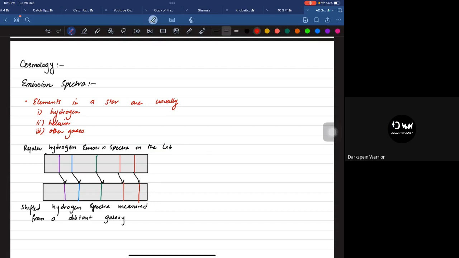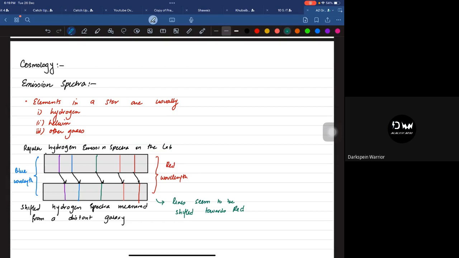If you look at this side, these are the blue wavelengths, and this side has the more red wavelengths, which means higher wavelengths. So these lines seem to be shifted towards red.